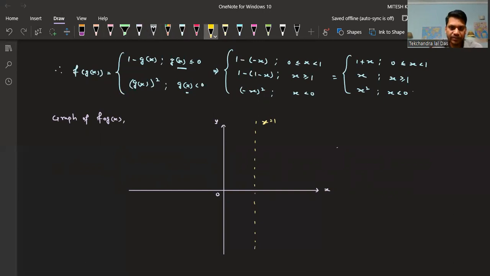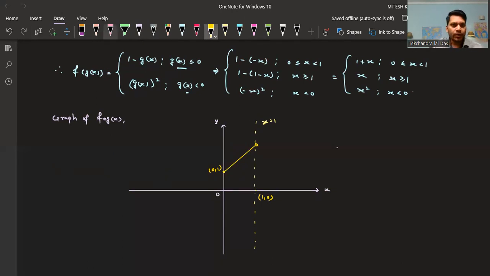The 1 plus x function means this one. We should not take the whole branch, you have to take only 0 to 1. We know this part is 0 to 1. So this is 0 comma 1, and this is 1 comma 0, the point on the x-axis. We have to include this point and exclude this point here, because the function shows that x is greater than or equal to 0 and strictly less than 1.